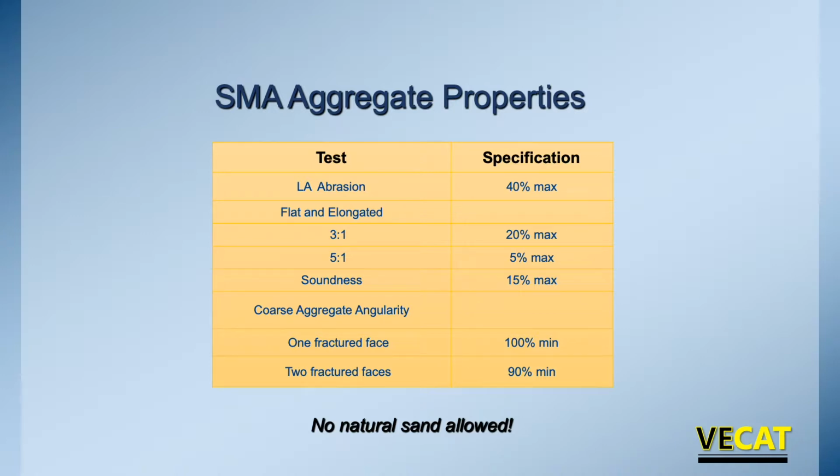On the SMA, it drops down to 5% max on the 5:1, and now a 3:1 ratio is introduced, which you cannot exceed 20%. Of course, aggregate angularity requirements are more stringent, with the 1 fractured face and the 2 fractured faces with 100% and 90% minimum.